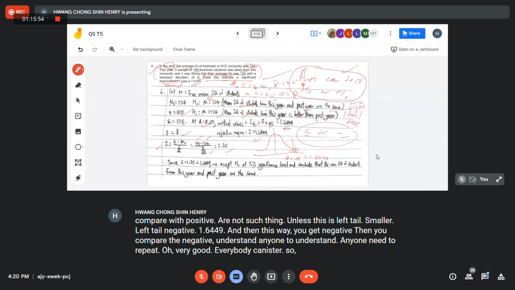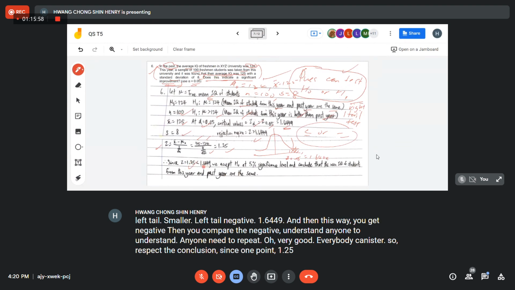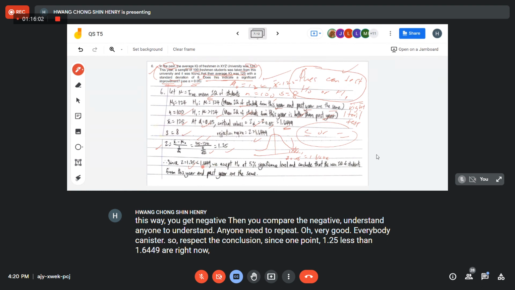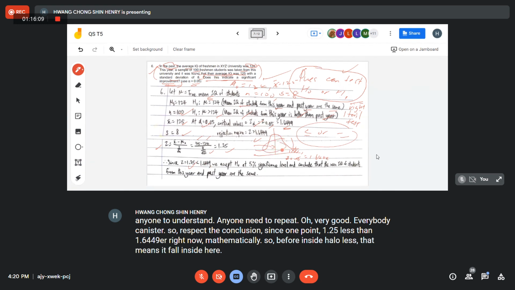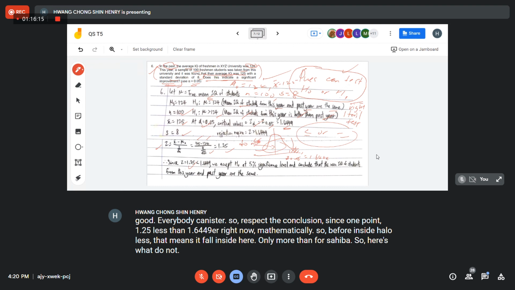So let's make the conclusion. Since 1.25 is less than 1.6449, mathematically, if it falls inside here, less than means it falls inside here. Only more than falls inside here. So here is what? Do not reject.